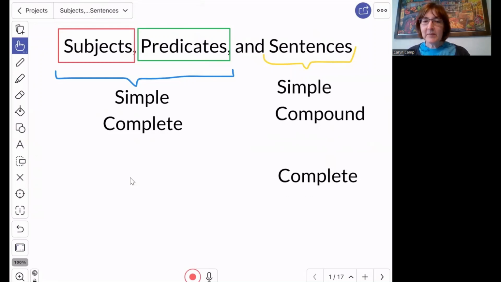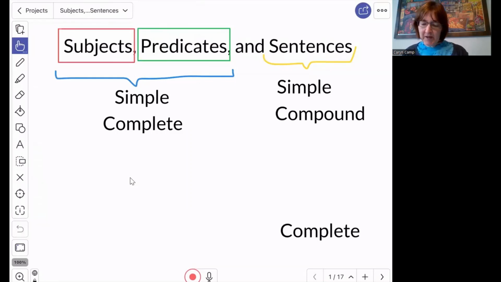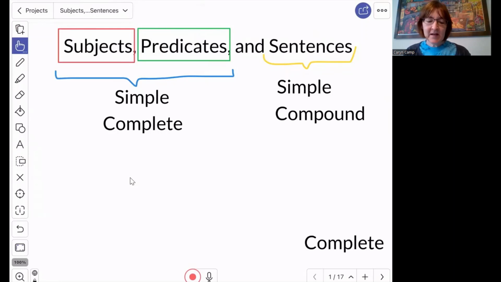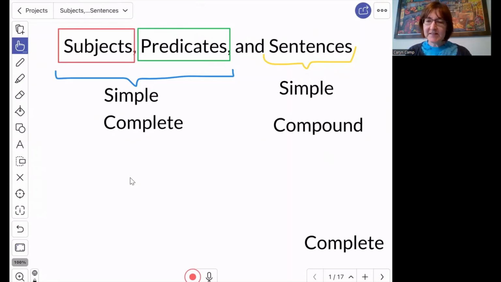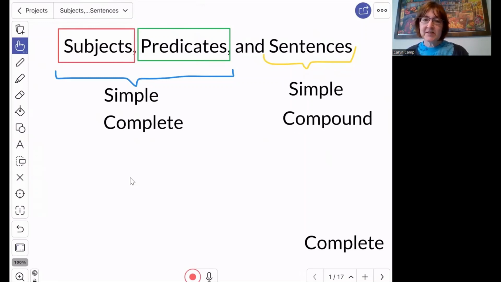We can also talk about having a complete sentence. That would be the opposite of a sentence fragment. But for the moment, I want to show that if I'm talking about a simple subject and predicate, that would be comparing it to a complete subject or predicate. And if we're talking about a simple sentence, that is comparing it to a compound sentence.